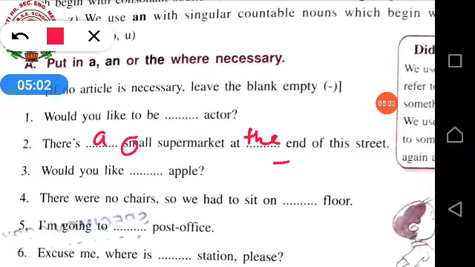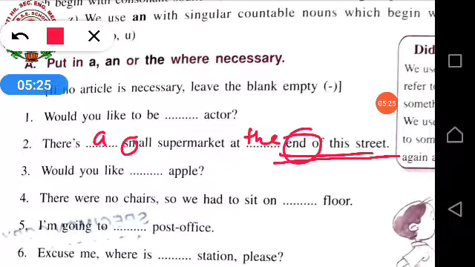Because they are particularly telling you where the supermarket is placed. The supermarket is placed at the end of the street. Particularly they are telling you that at the end of the street the supermarket has been placed. That's why we will be putting the.